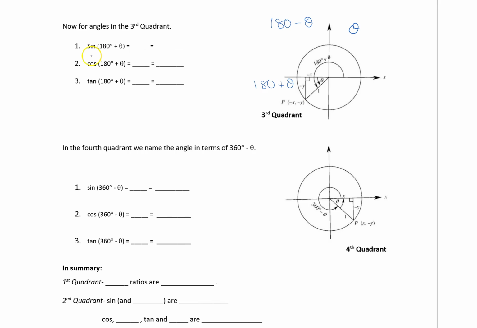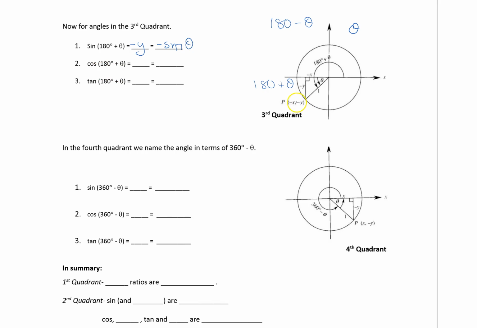And so you can see that the sine of this angle, 180 plus theta, by our new definition, is minus y. Now, relating that back to the first quadrant, minus y is minus the sine of theta.